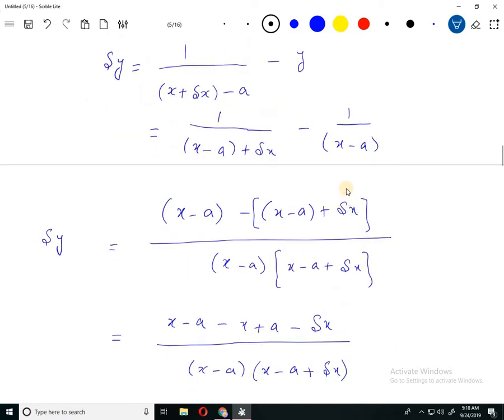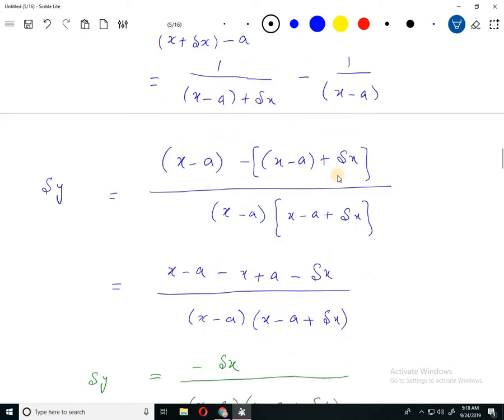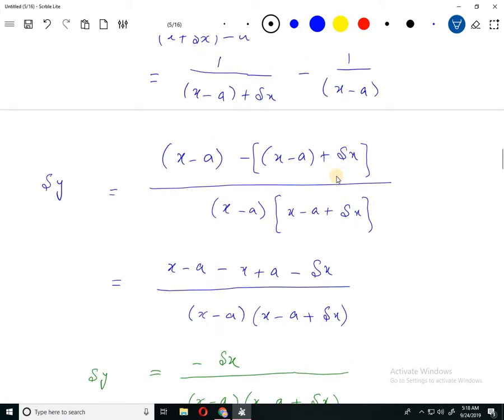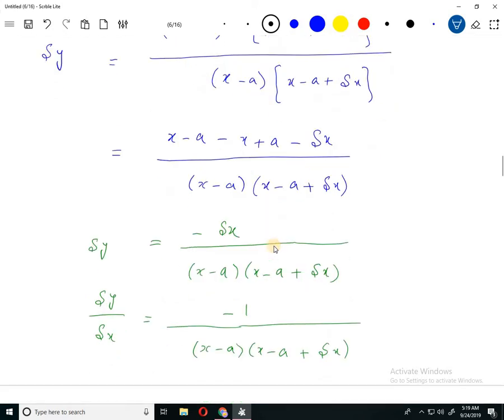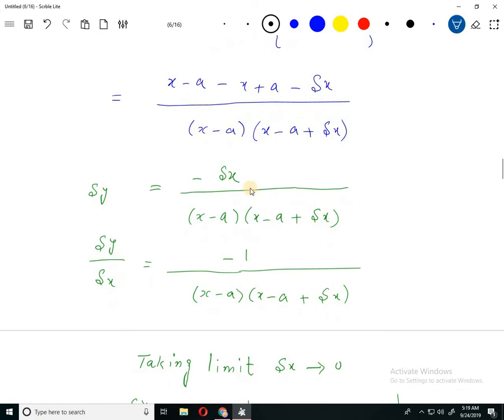Now I can again take the LCM. Then it will be a cross multiplication in the numerator. After taking the LCM and after removing the brackets, x term cancels out, a term cancels out, and I'm left with only negative delta x.